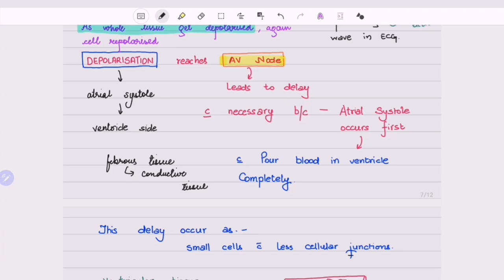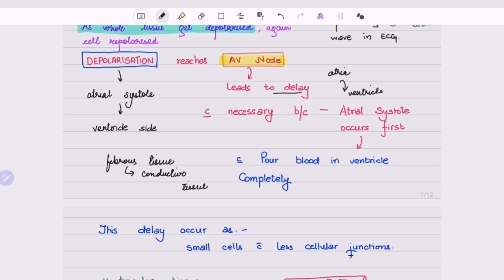The AV node is very important in the functioning of the heart, because it provides the delay for the depolarizing wave to reach from the atria to the ventricle. The atria provide all their blood to the ventricle in systole, and then the ventricle provides all its blood to the systemic arteries and the pulmonary artery.